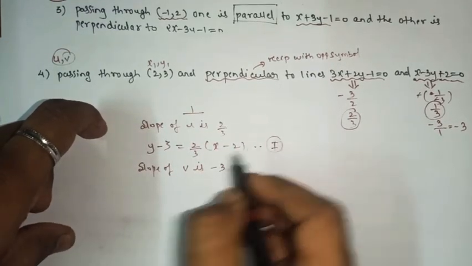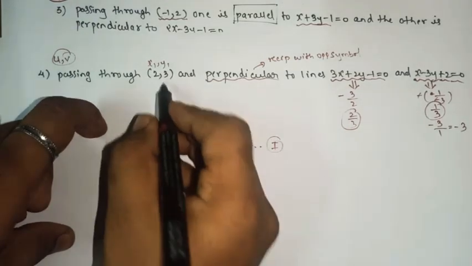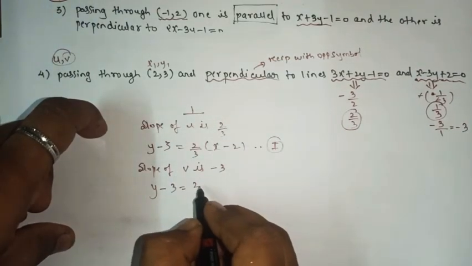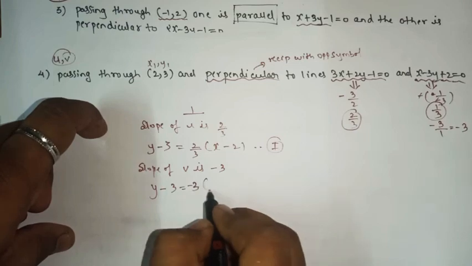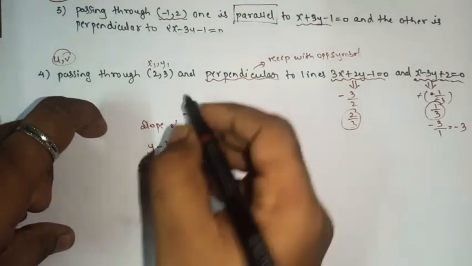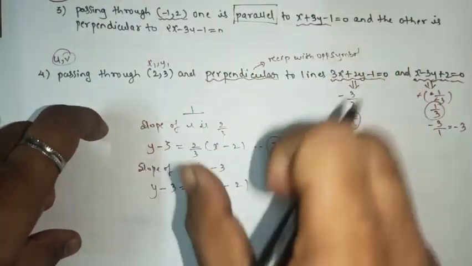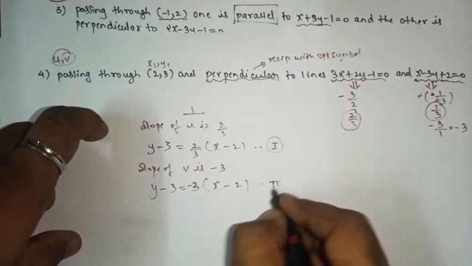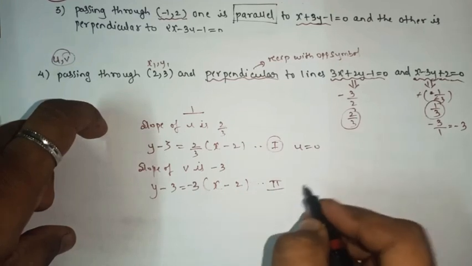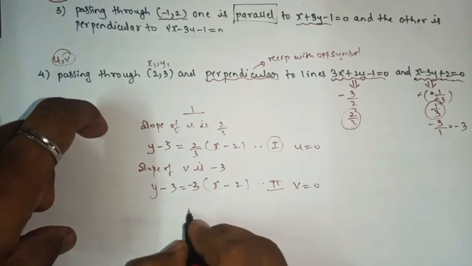Here you will get equation number 1. For this also, y minus y1 is what? 3. Okay, and m is what? Minus 3, times (x minus x1), so x minus 2. Do the basic simplification and then consider this part as u equal to 0, and this part as v equal to 0.